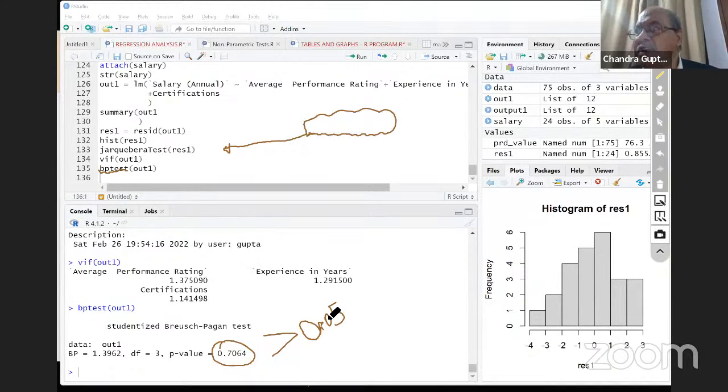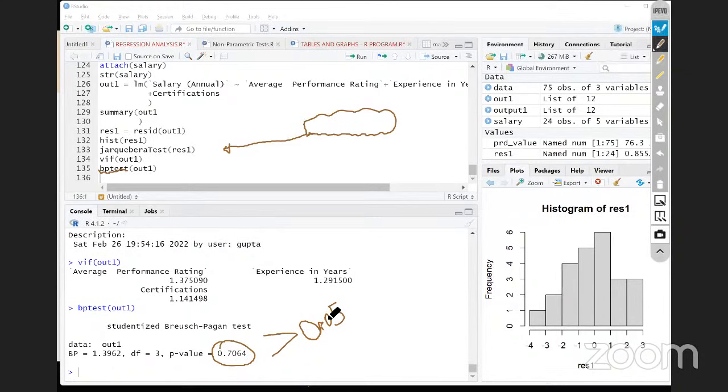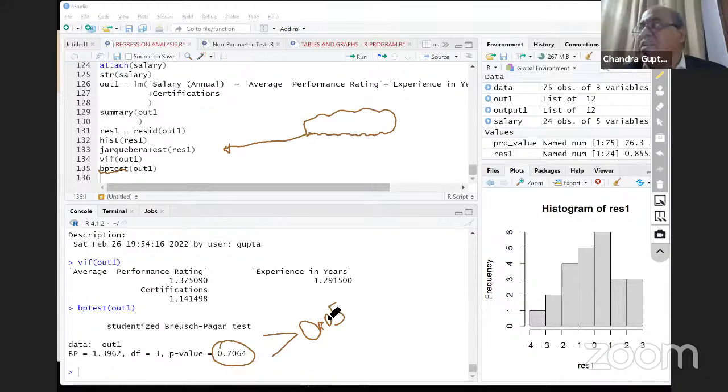Can we test endogeneity? Kavita? Can you unmute yourself? Sorry, sir. What is the question? You're asking me, can we test endogeneity?